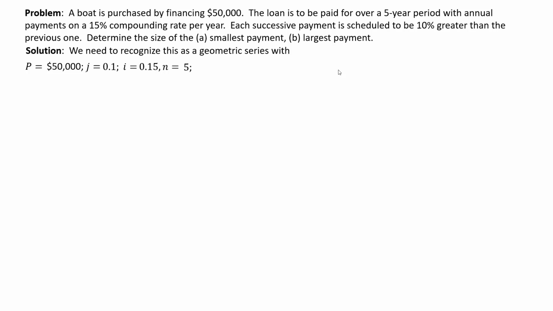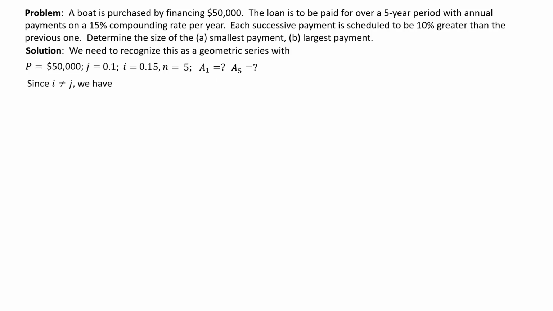And the largest payment is something that we need to figure out. I'll show you a picture of it. I have it at the end. So basically, if we figure out what A1 is, which is the smallest payment, then we can figure out the other stuff effortlessly. Good. So A1 is what? And A5, the fifth one, what is that? Are the two questions we need to answer.